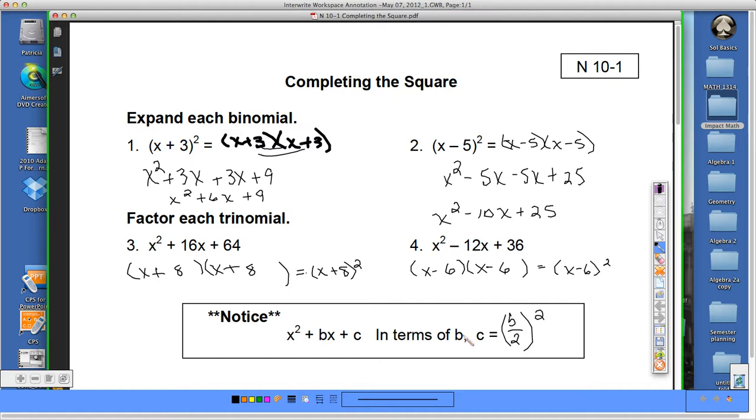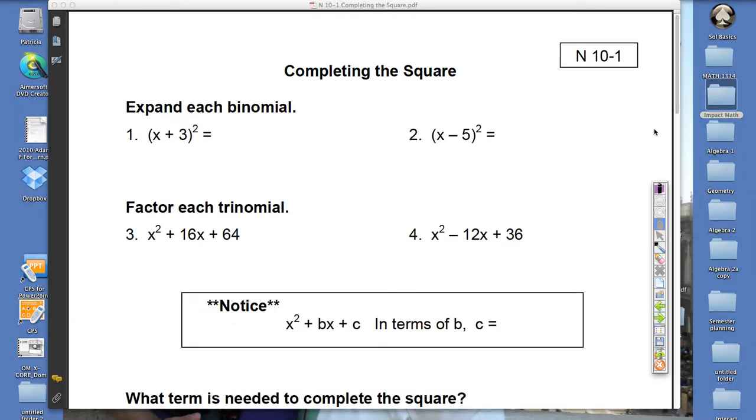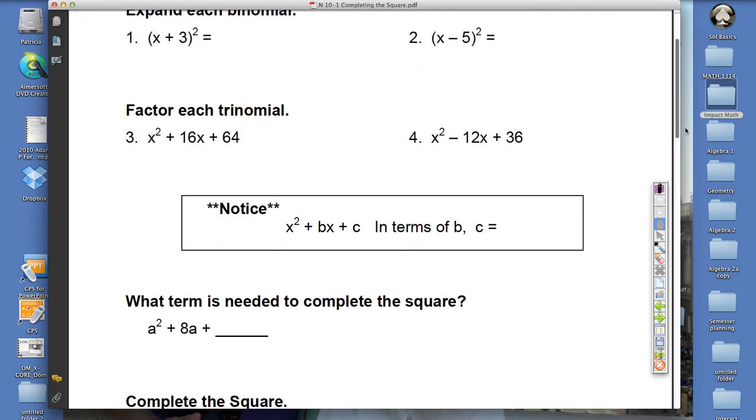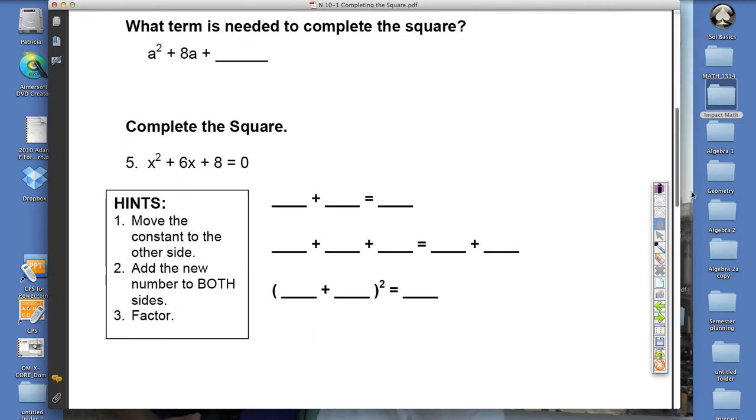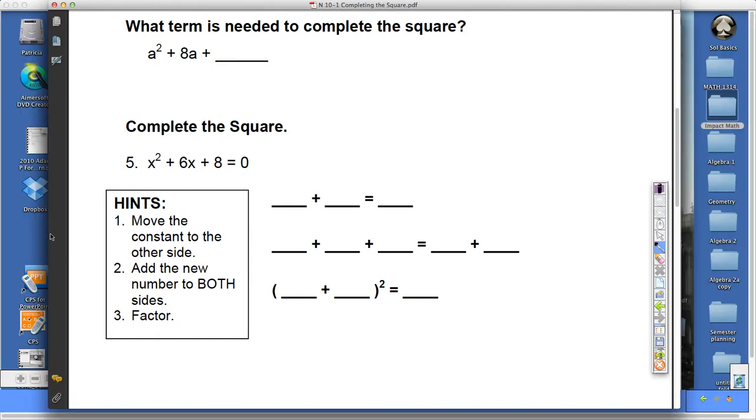And we're going to go through and give some examples for this on how to do it. So let me move on down the page. Okay, this is going to be our first example. But the first thing is what term is needed to complete the square. Okay, well let's think.